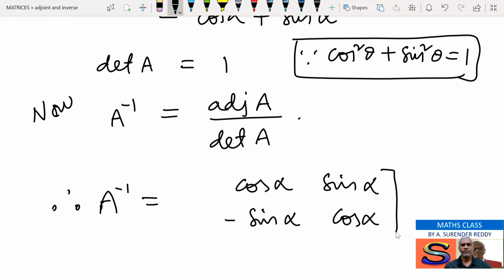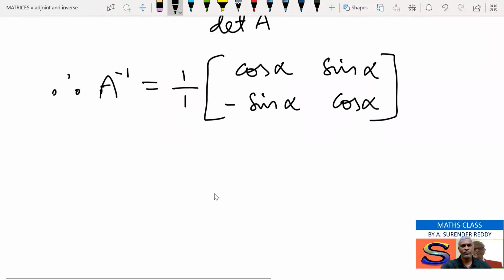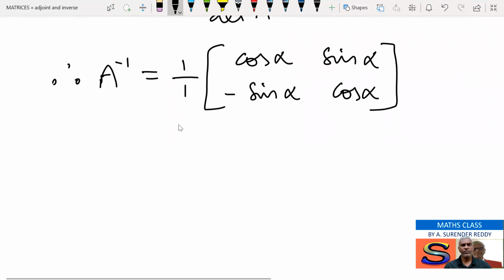Det is 1, and you need not write 1 by 1. So this is how we find the determinant of a 2 by 2 matrix. In the last class also we practiced. This is the procedure to find the 2 by 2 adjoint matrix and inverse.